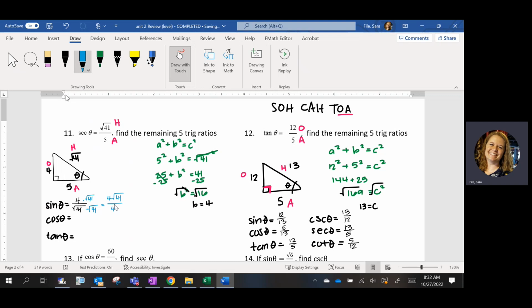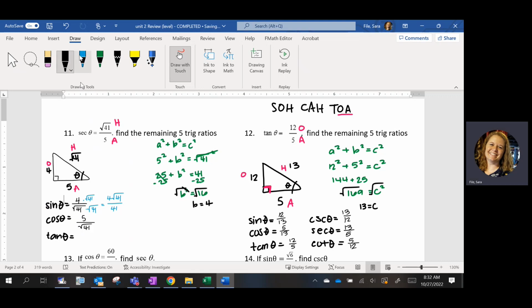Now, when you get to this point, if the numbers not in the radical reduce, reduce them. 4 over 41 does not reduce though, so no reducing to do there. That's your sine ratio. Now cosine is A over H, which would be 5 over square root of 41.